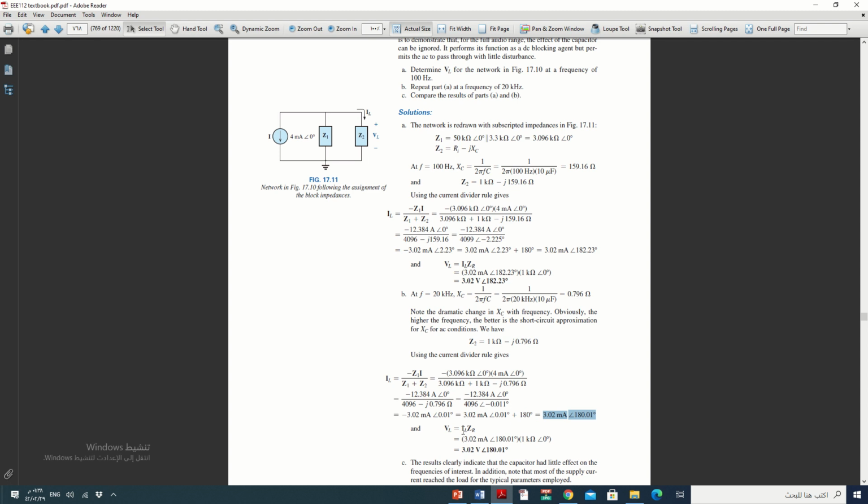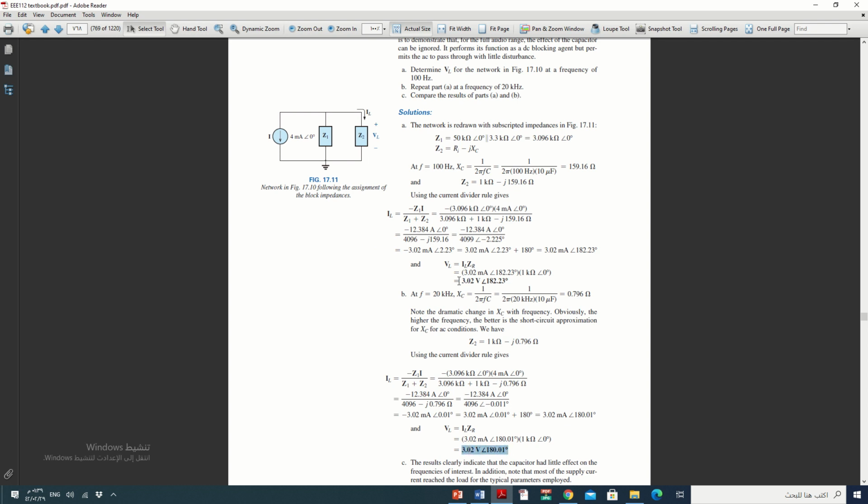Okay, if you multiply IL by Z2, you will find VL 3.02, the angle 180.